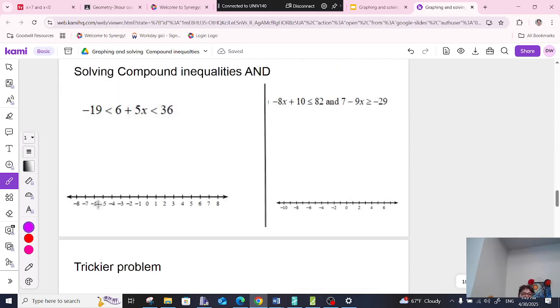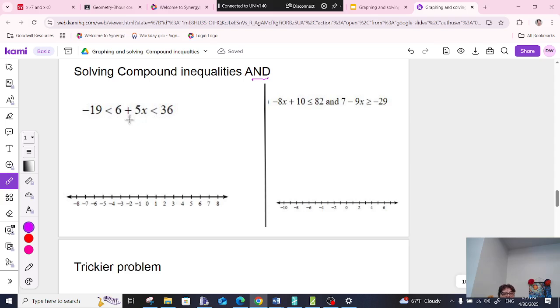But of course, we have to actually solve them, right? We're not just graphing, we're solving and graphing. So over here, this is an and statement. When it's written like this, it's always and, which means intersection. Or they could just put an and.